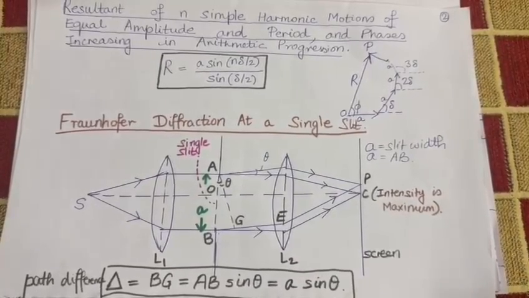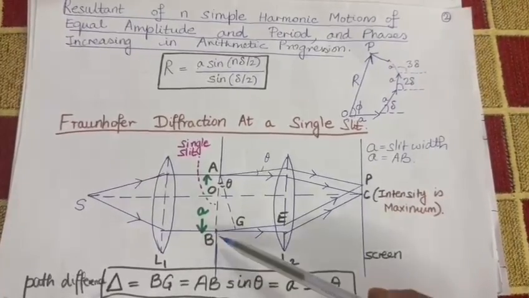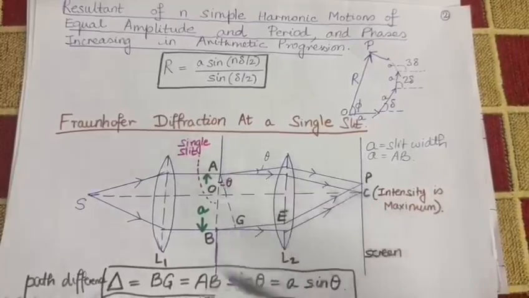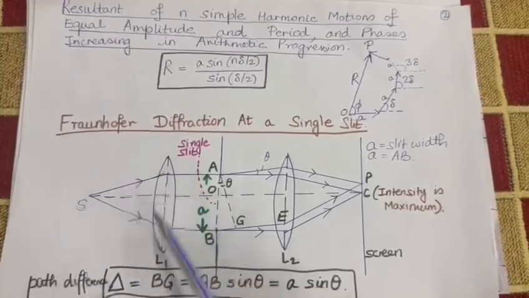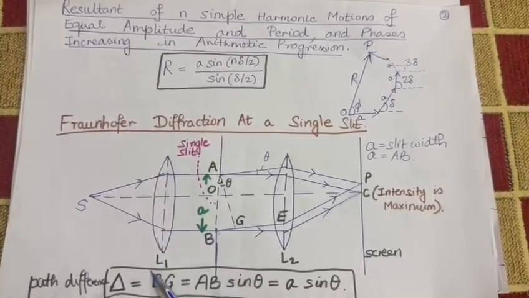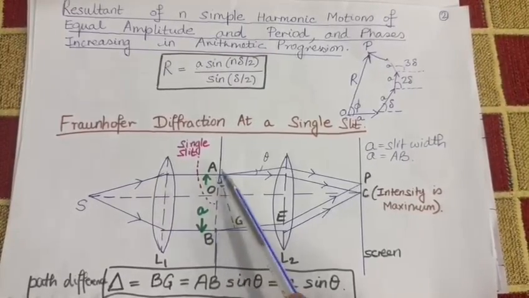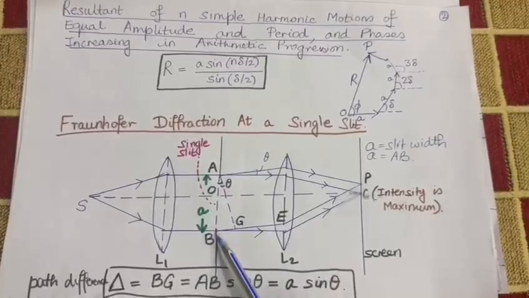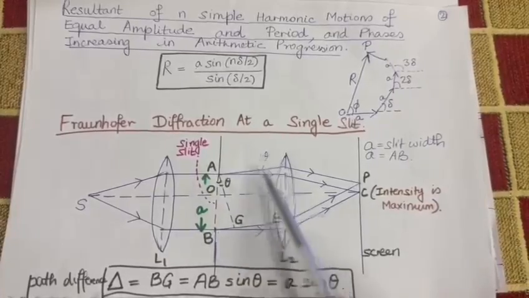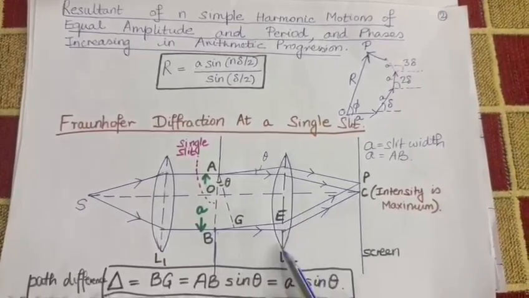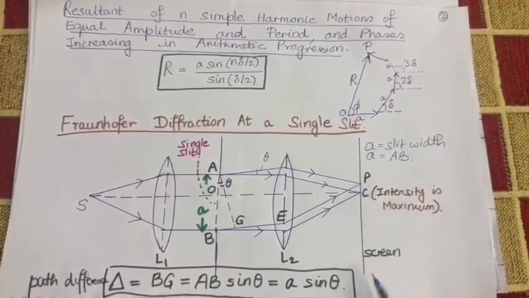Now let us understand this diagram of single slit in detail. See, AB is one single slit. We have one source of light here, one lens L1 which will focus these rays, and these rays are going to get diffracted from the ends of the slit. When they get diffracted, we put another lens here which will help in converging these rays on the screen.